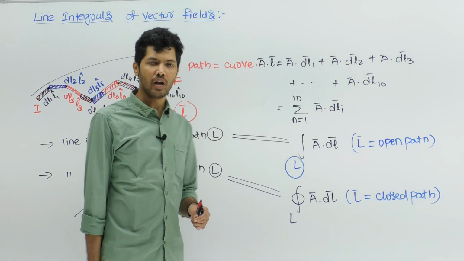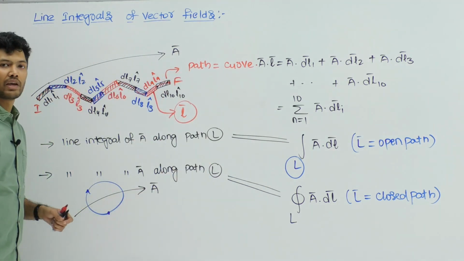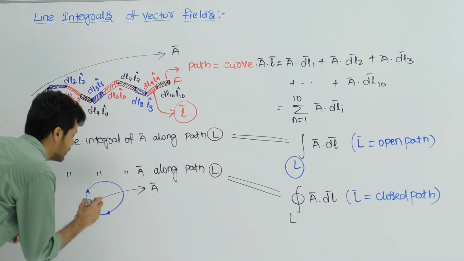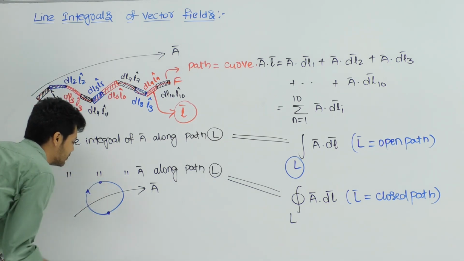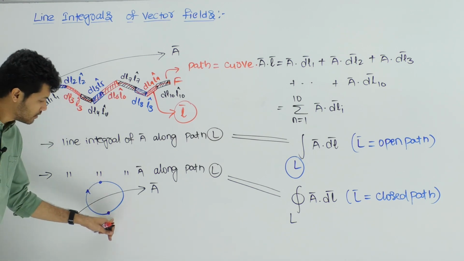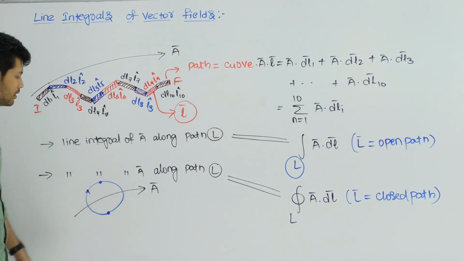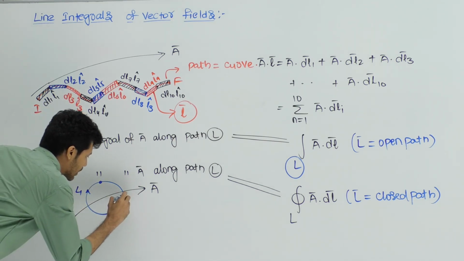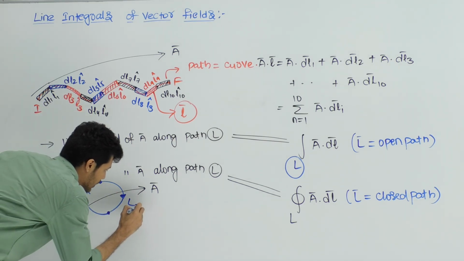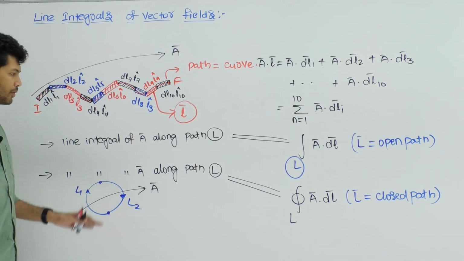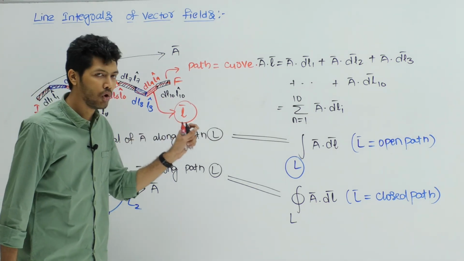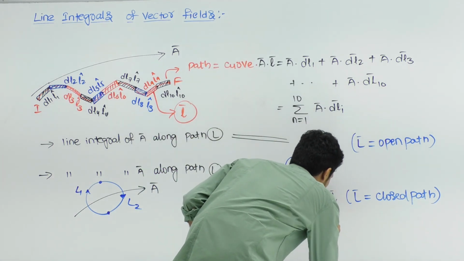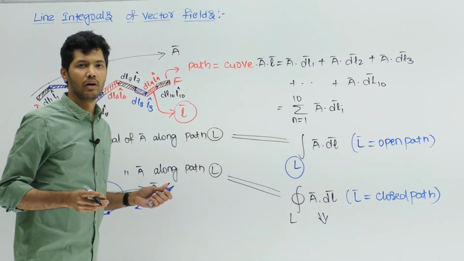Now whenever we have a closed integration, can we not split this into two path integrals? Yes. Let us say this is the initial point, this is the intermediary point, and this is the final point. We will take this path as L1 and this path as L2. So whenever we have a closed integral, we can write it as two or more open integrals.